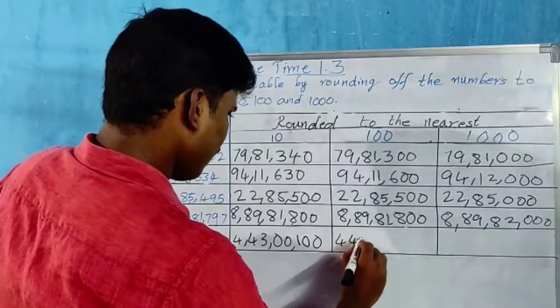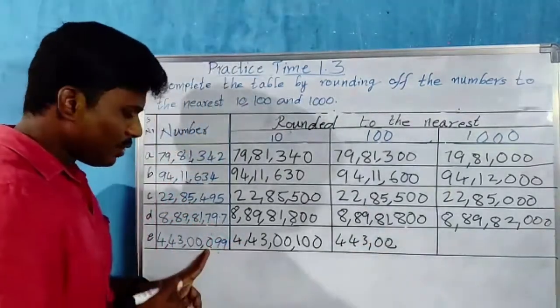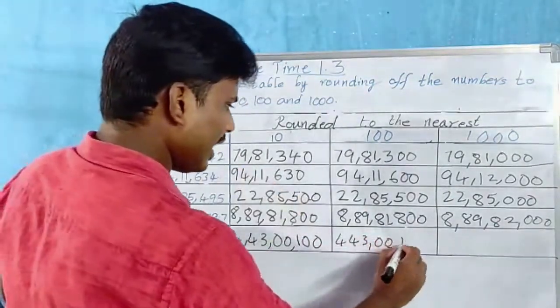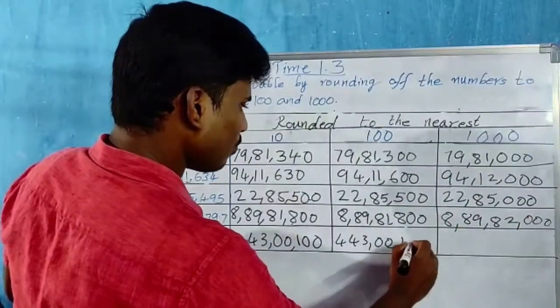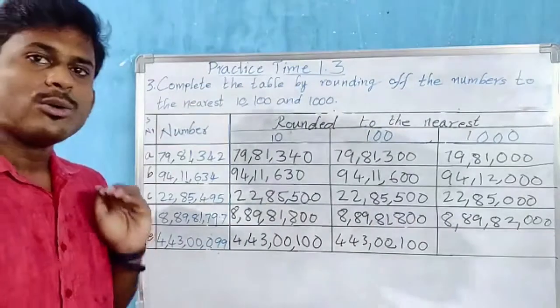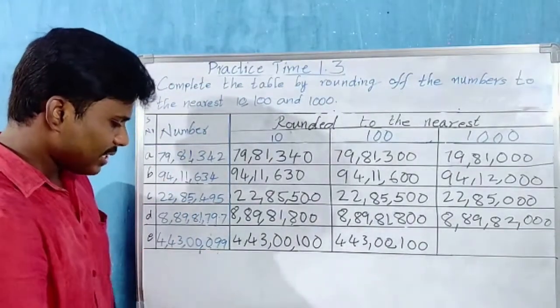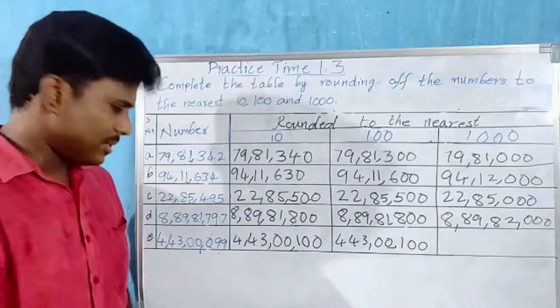And the remaining as it is I am writing. 4 crore, 43 lakh. Okay. Now here we should add 1. And immediate right side we have to place zeros as this is nearest hundreds. Now thousands. Ones, tens, hundreds, thousands. This is our rounding digit.